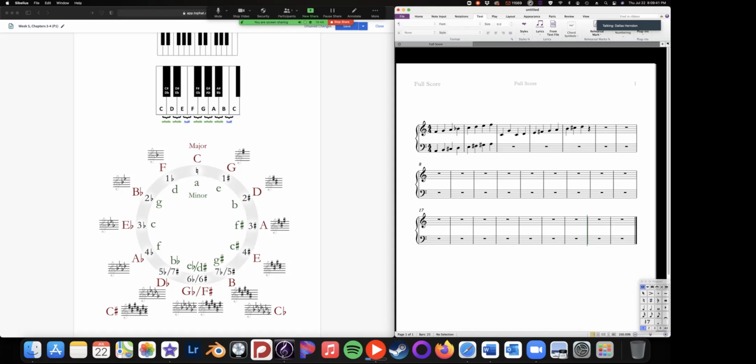If I track the distance between F sharp and C sharp, F sharp would be 1, G would be 2, A would be 3, B would be 4, C sharp would be 5. So we have a fifth between F sharp and C sharp, so that's also going up by fifths in the order of sharps in each key signature, okay?